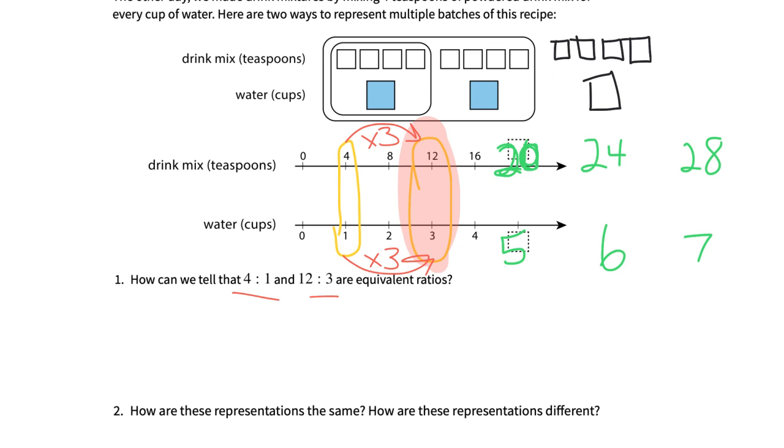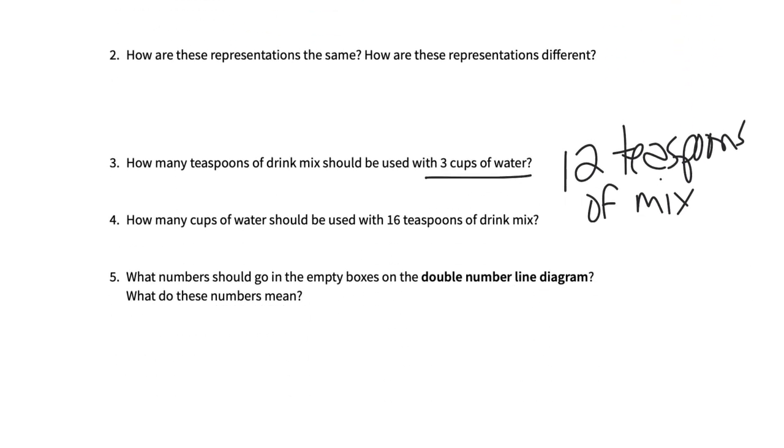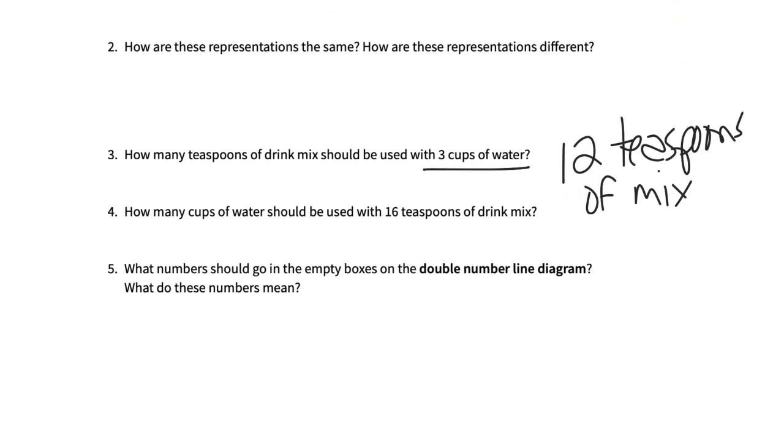So now if we have 16 teaspoons of mix, how much water will we need? There it is. We will need 4 cups of water. So we would need, and let's do it in blue, 4 cups of water, good old H2O.